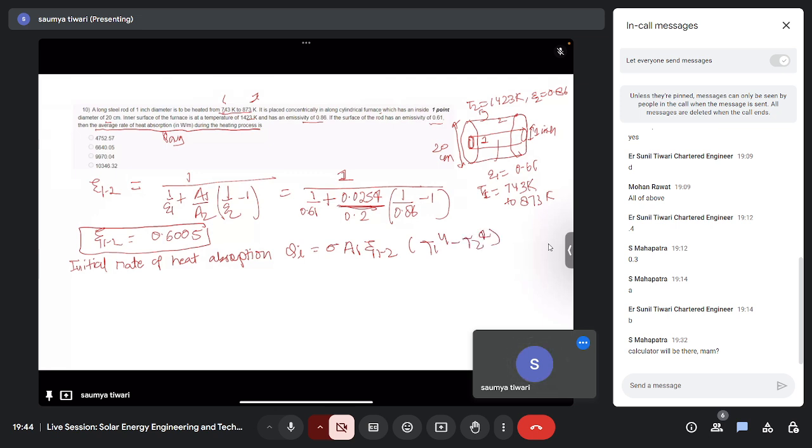So Q initial is 5.67 into 10 to the power minus 8, which is the sigma value.